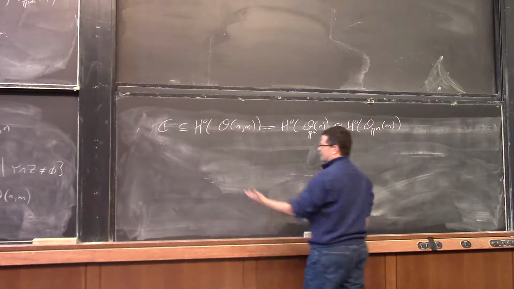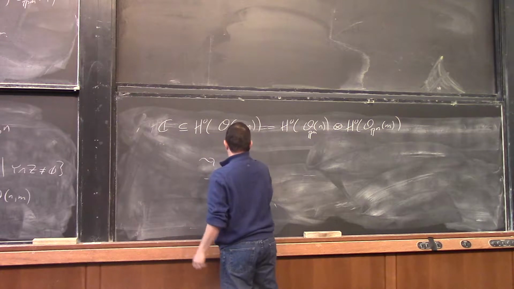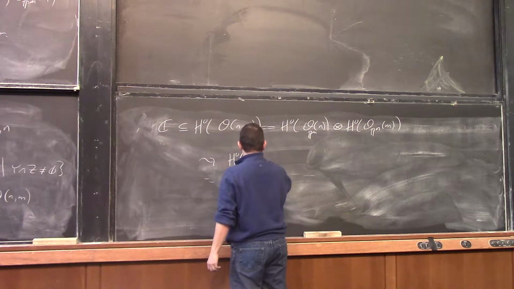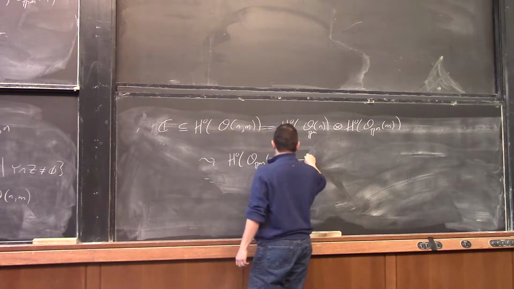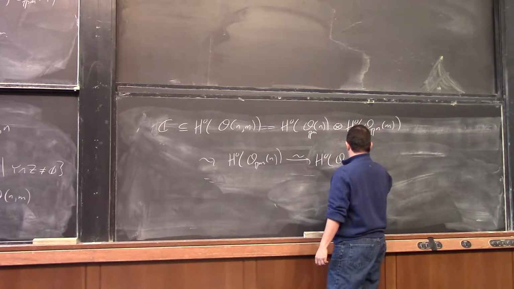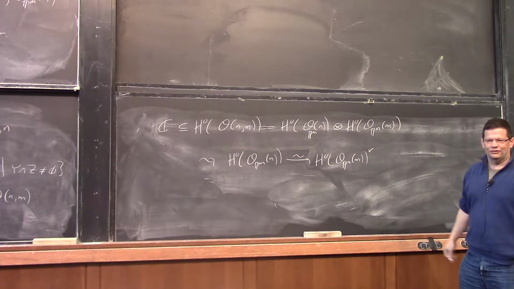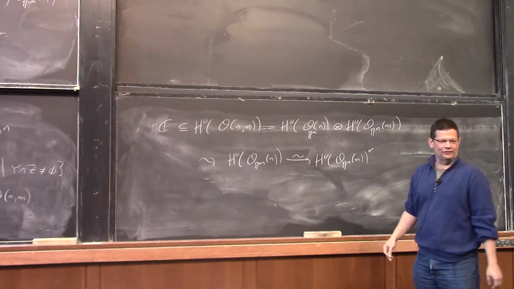And then I have this line inside of the tensor product, and that's giving me the map, which is in that sense a natural isomorphism between them.